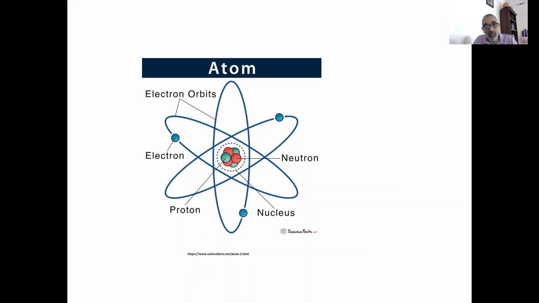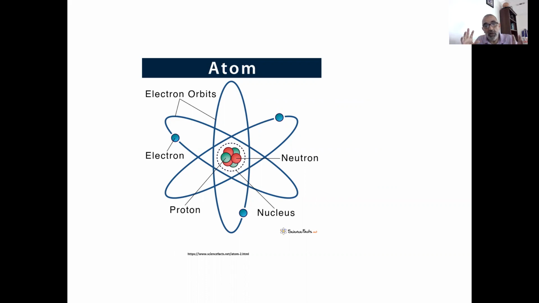So, for example, the way to visualize it may be that the nucleus would be the size of a basketball inside all of LAX. If LAX, Los Angeles International Airport, were around its perimeter, the atoms were flying around, the nucleus at its center would be the size of a basketball.